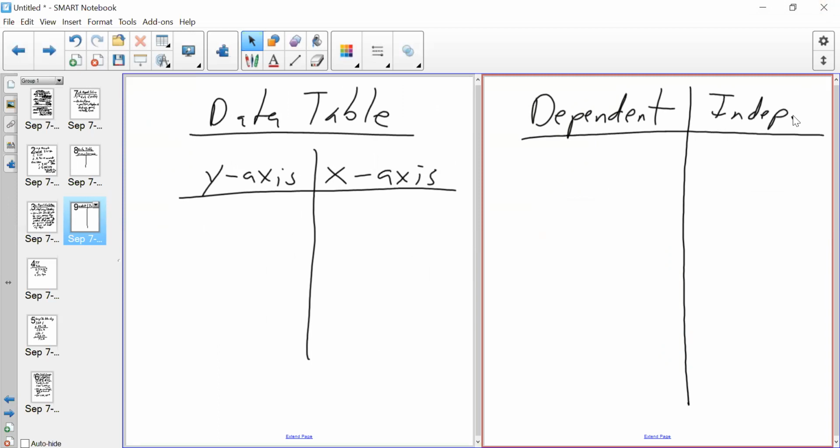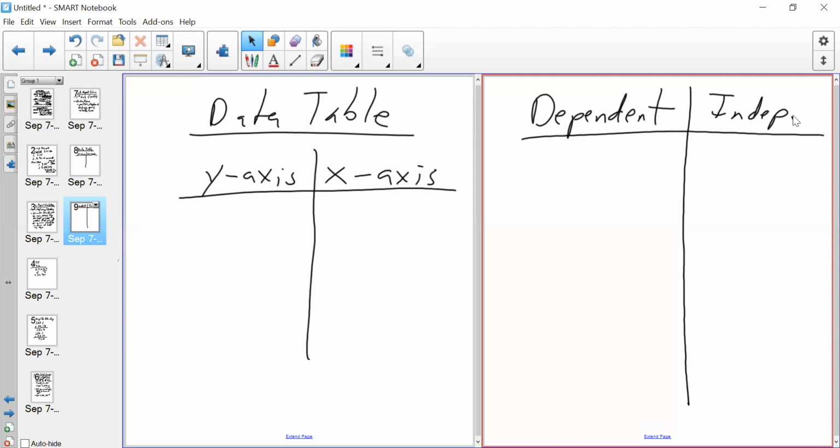Independent variable in the right column. What are those things? The dependent variable is the variable that you can manipulate in an experiment. And we'll find that you can manipulate position. You can manipulate force. You can manipulate certain physical quantities. And any quantity that you're going to manipulate is going to be in the left column. And therefore, the results that you can't manipulate are going to be in the right column. Those are the independent variables.